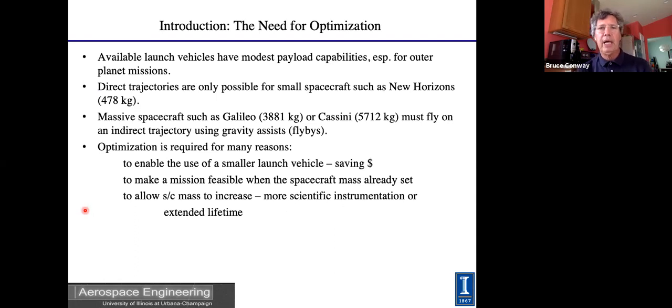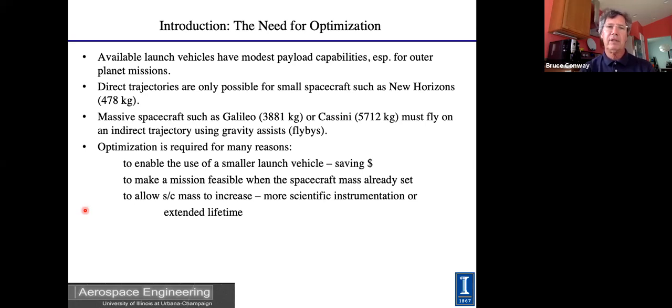So why do we need optimization? Well, we need it primarily because our technology with regard to launch vehicles really is not very advanced. Even some of our largest launch vehicles are not really all that capable, especially for outer planet missions.